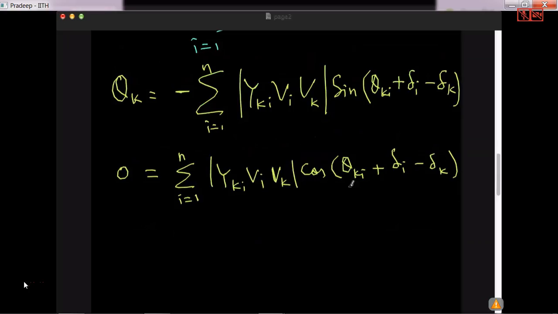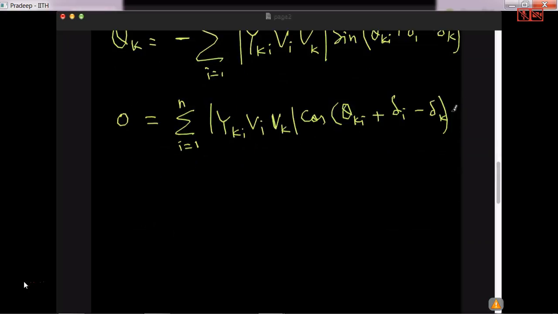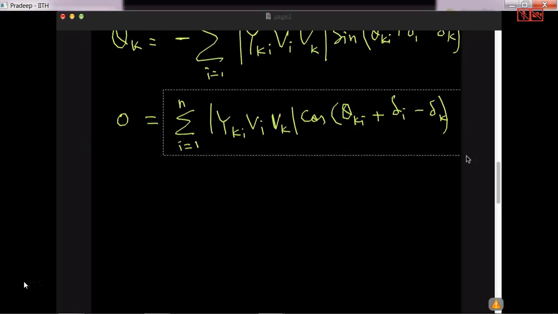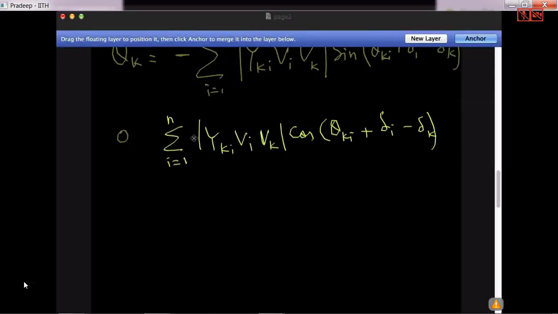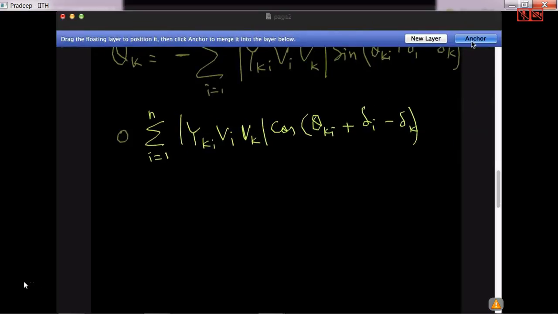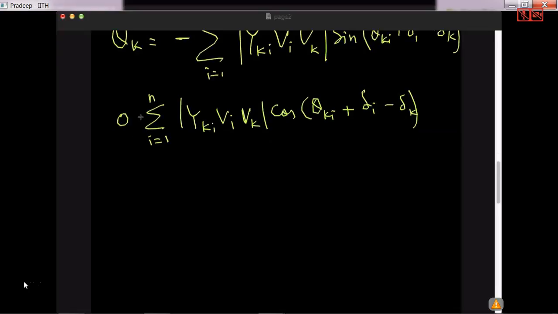I ran out of space, so just a minute, I'll adjust this. So 0 equal to minus Pk. So this is one equation.